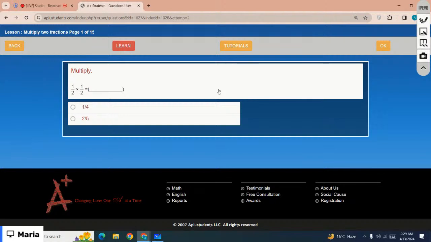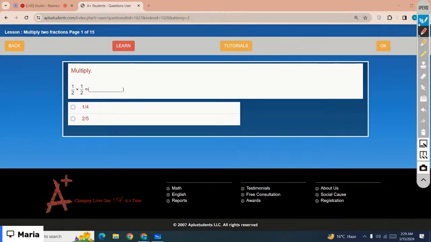Whenever you have to multiply the fractions, you simply multiply the numerators, 1 times 1, and the denominators, 2 times 2. So that would be 1 out of 4, right? The correct option is 1 out of 4. 1 by 2 times 1 by 2 makes 1 out of 4. Got it?